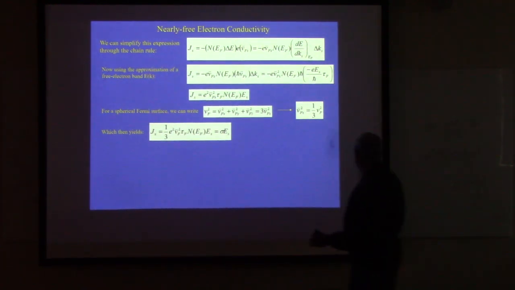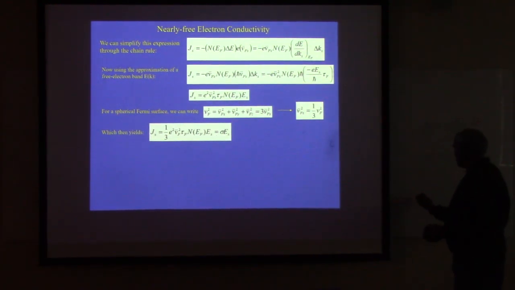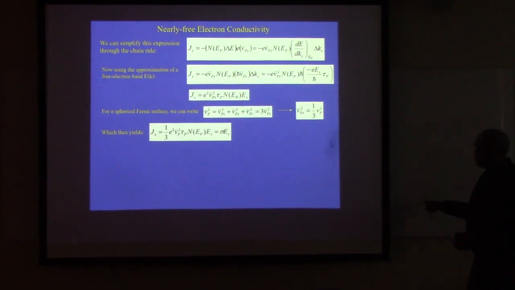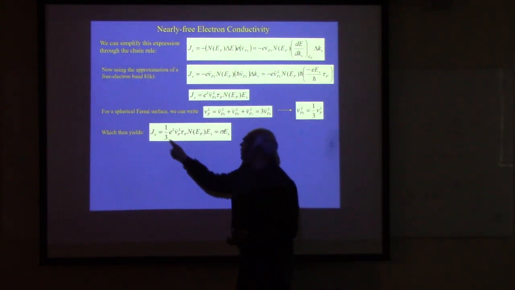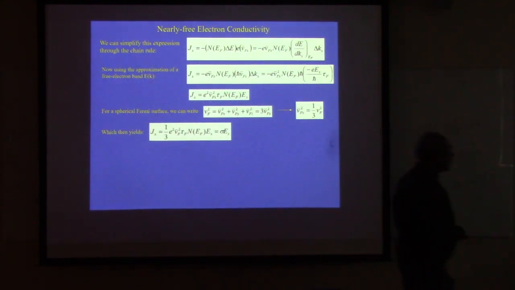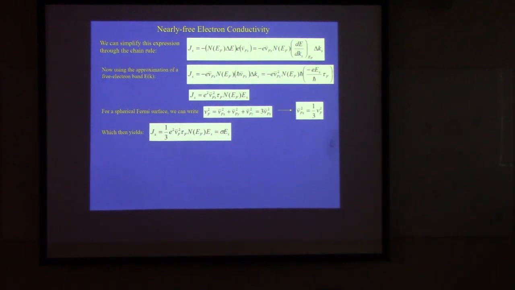So what does that mean? Your J equals sigma E. If you know J and sigma, this should be sigma, right? So that means you can write sigma as this one. If you do that, you get sigma as this one.